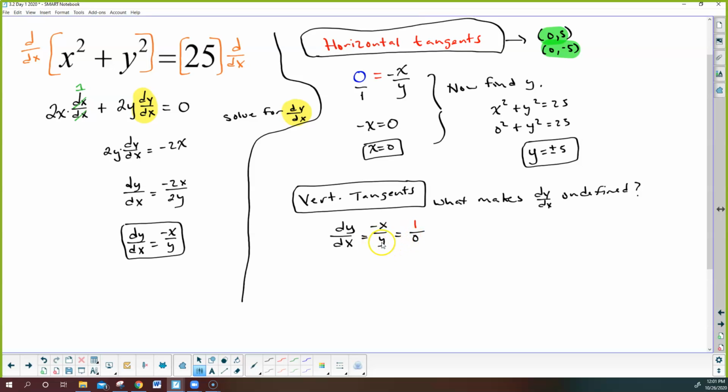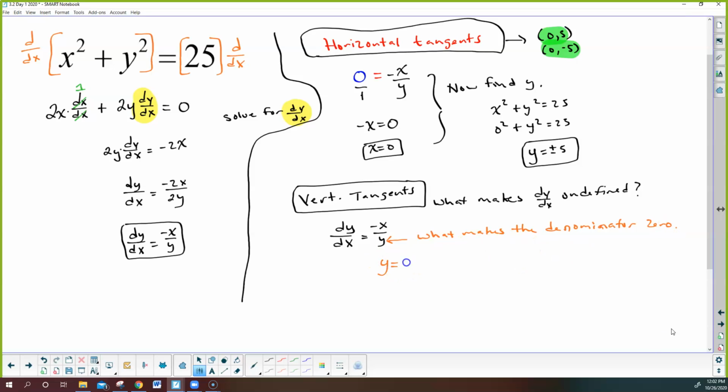It's basically saying when is the denominator 0? Maybe I'll just do that. I don't want to show you a cross multiply, but what makes the denominator 0? That's a better way to think of it.